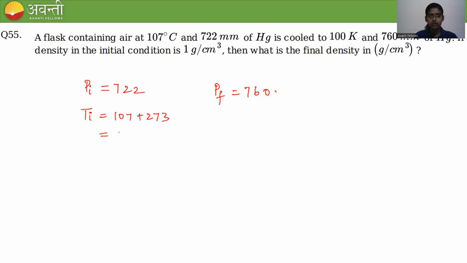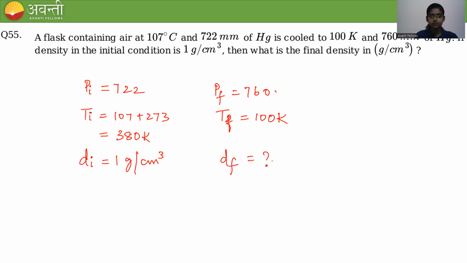So add 273. The value will be 380 Kelvin. And the final temperature is given here in terms of Kelvin only. So it is 100 Kelvin. And the initial density is 1 gram per centimeter cube. We are asked to find out the final density of the system.